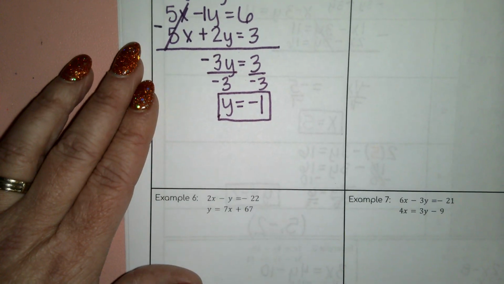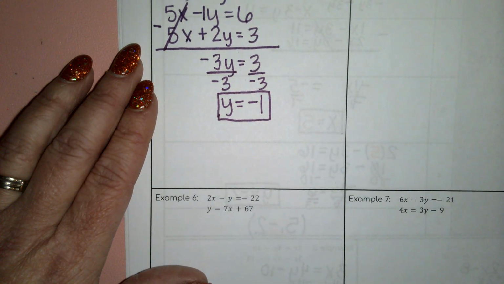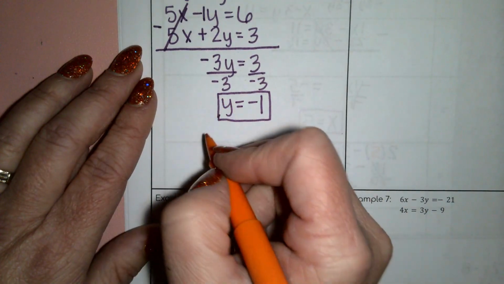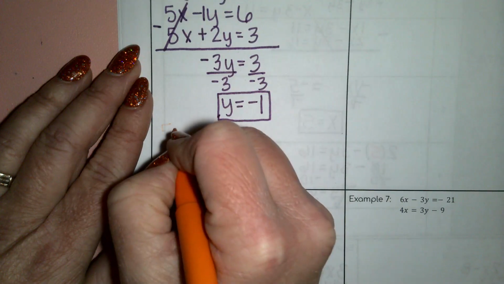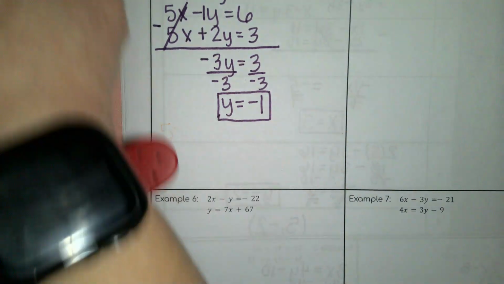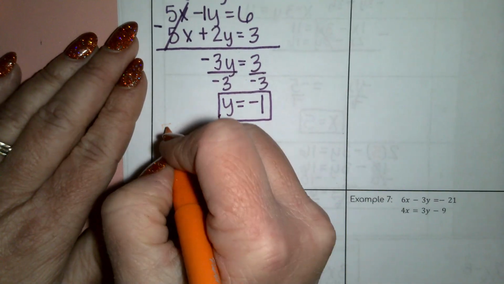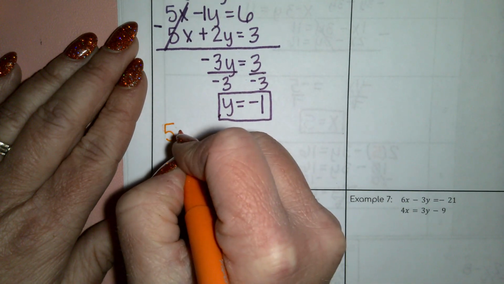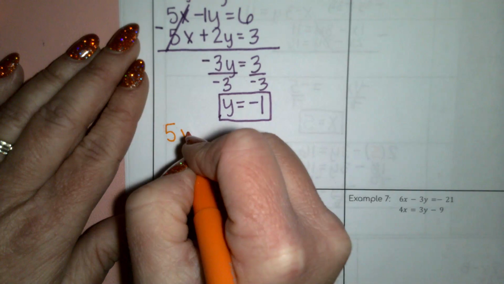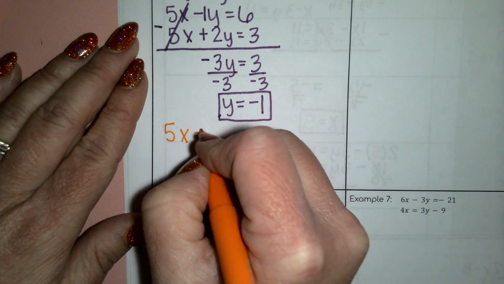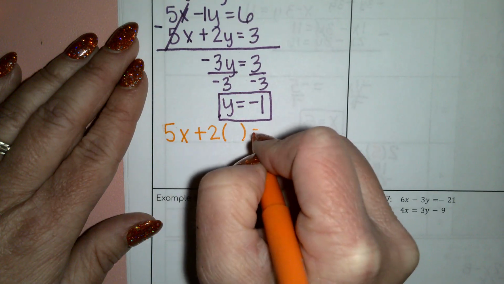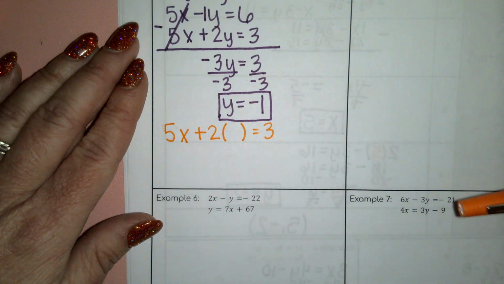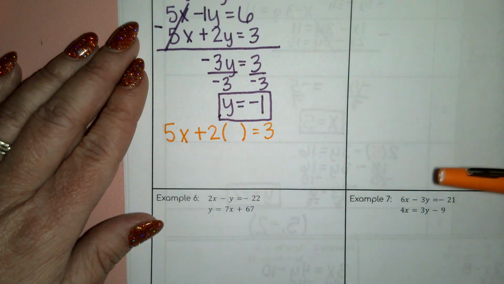Now we're going to take that negative 1 and plug it into the bottom equation because we haven't used that one yet. 5x, my pen doesn't work. Let's try again. 5x plus 2 times y equals 3, and y is negative 1.